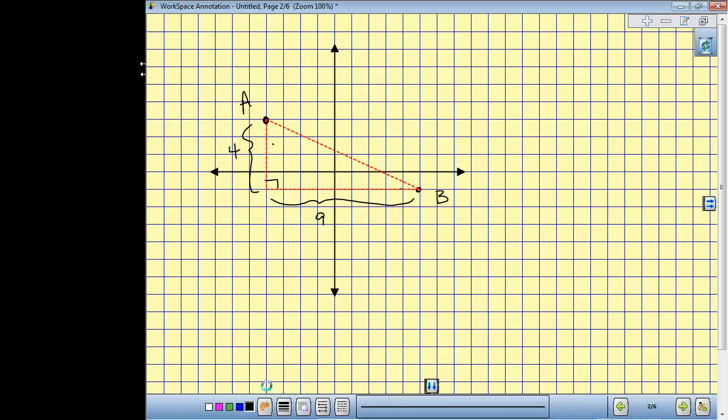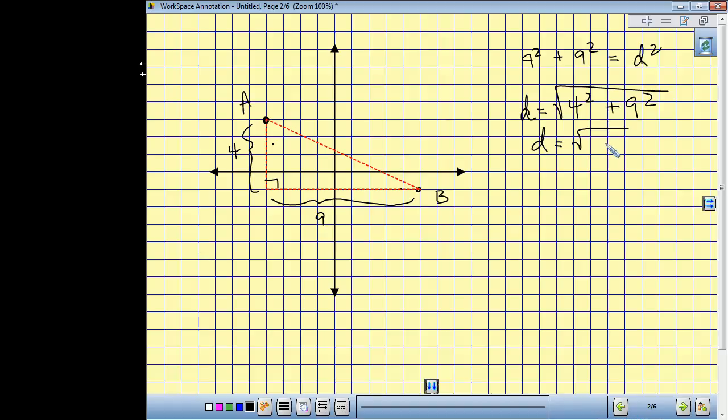Okay? So we can find the distance of this using what we know about the Pythagorean theorem. A squared plus b squared equals c squared. So we would say that 4 squared plus 9 squared equals that distance squared. So the distance is the square root of 4 squared plus 9 squared. That's 16 plus 81.